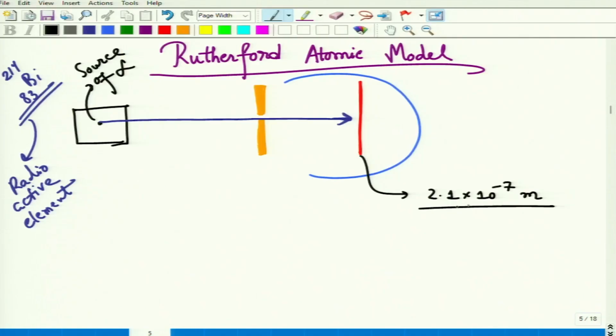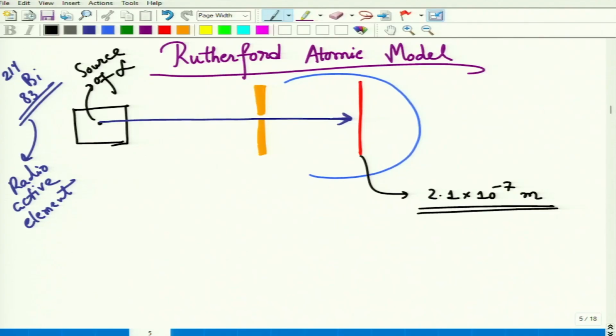If we consider the gold foil to be made of lots of atoms, since we are considering a very thin foil, we can say that at a time the alpha particle will be interacting with only one atom. That's why this very thin foil was taken.